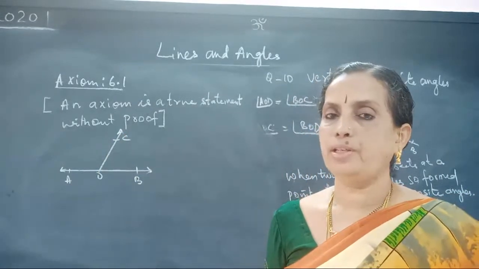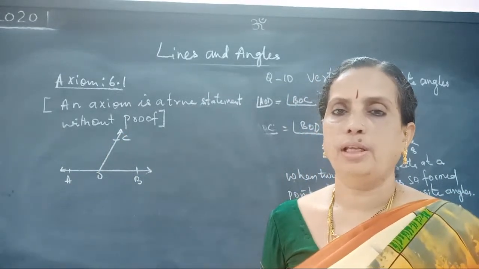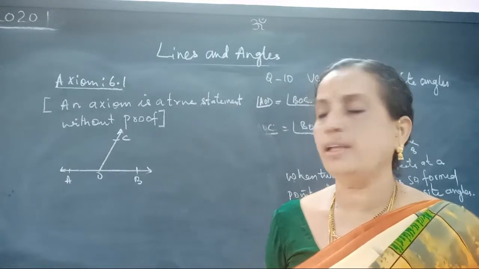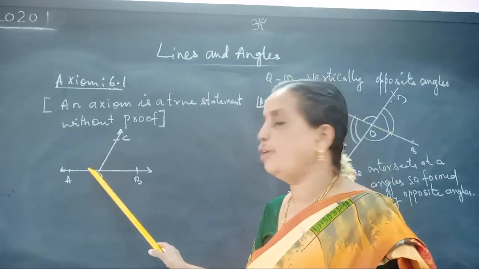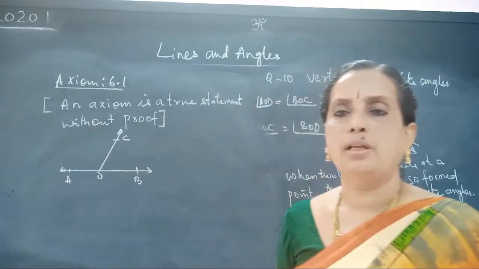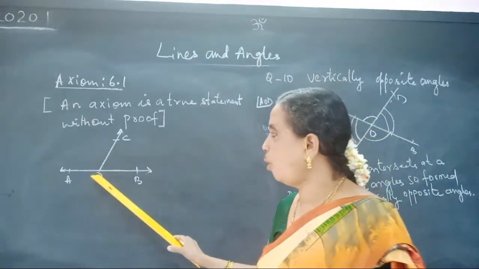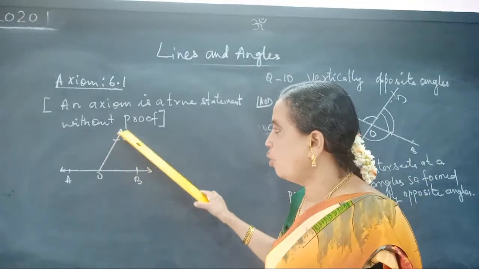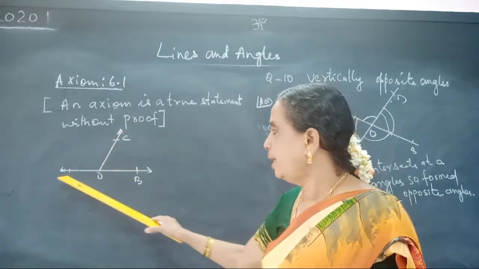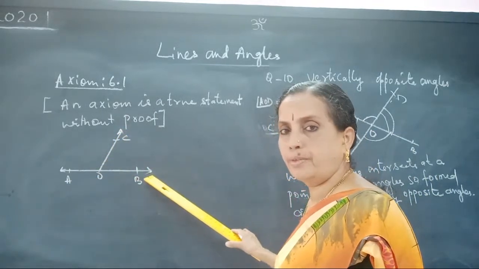I have given the definition of a ray before. Yes, it has an initial point, only one point. Very good. Since it has only one fixed point, OC is a ray, AB is a line.